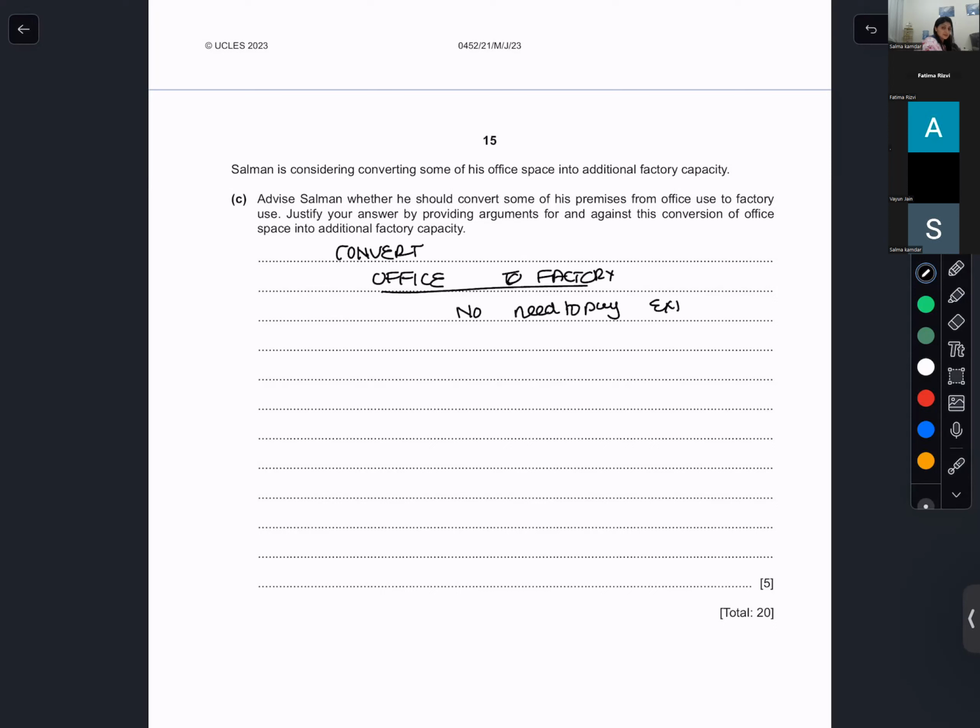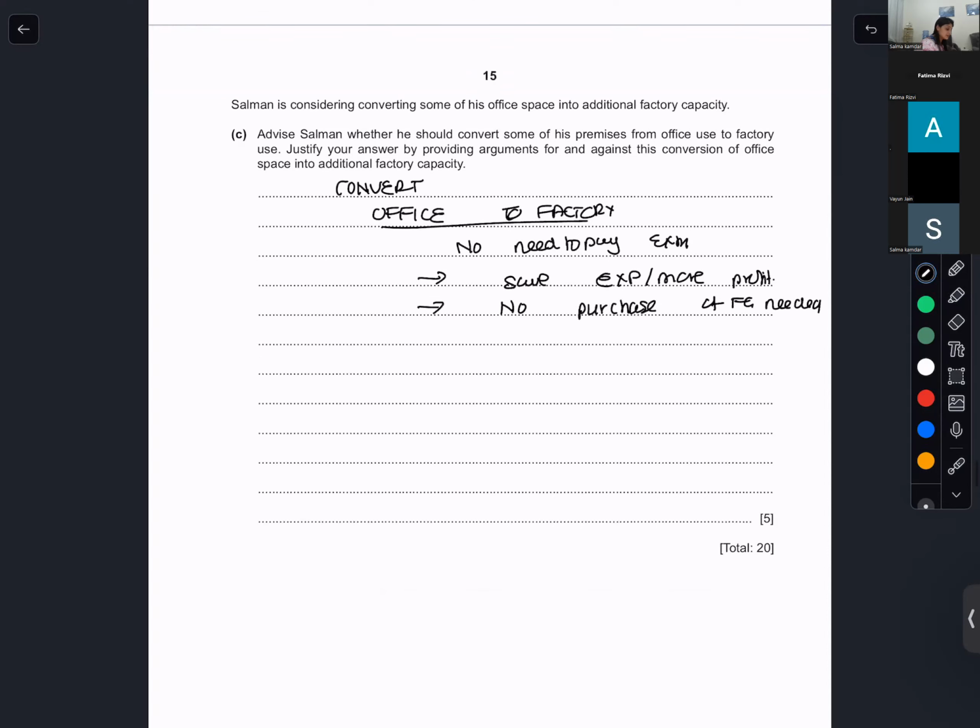He will save expenses, his expenses will reduce. If you see, he had also purchased goods from outside, so he will no need to purchase goods from outside. So there will be no purchase of finished goods needed.